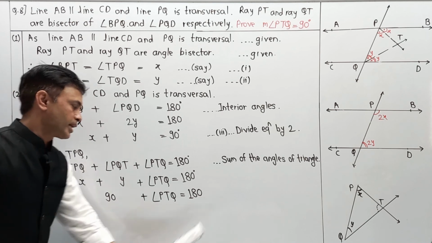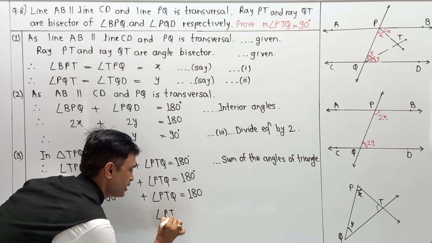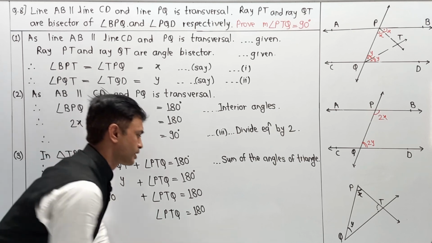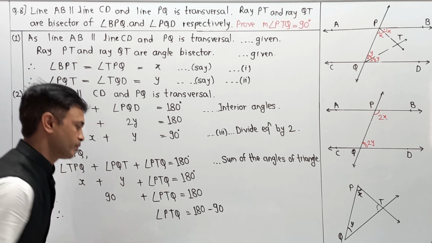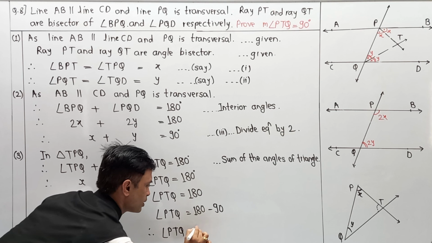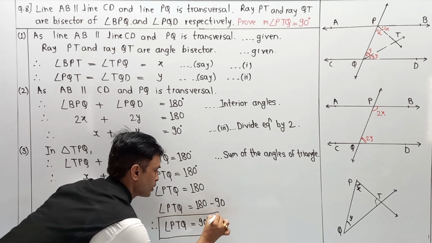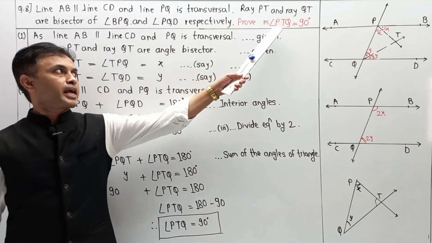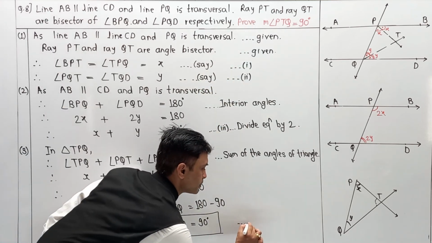Shifting this 90 to that side, angle PTQ is equal to 180 minus 90, so angle PTQ is equal to 90 degrees. In this way we can prove that angle PTQ is 90 degrees, and that is your required answer.